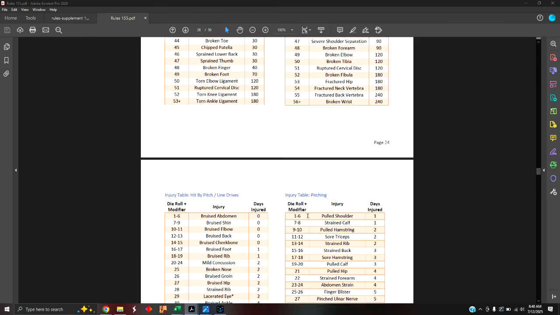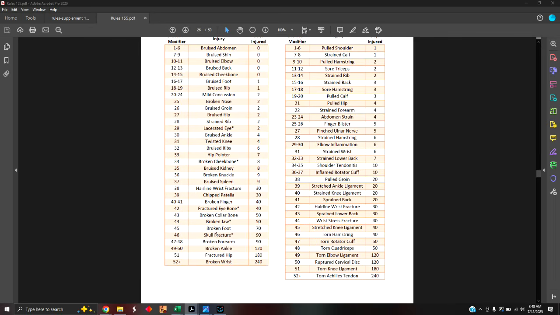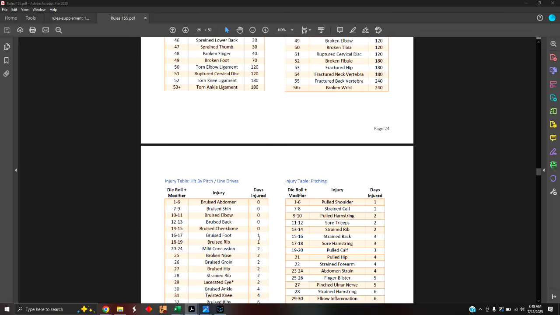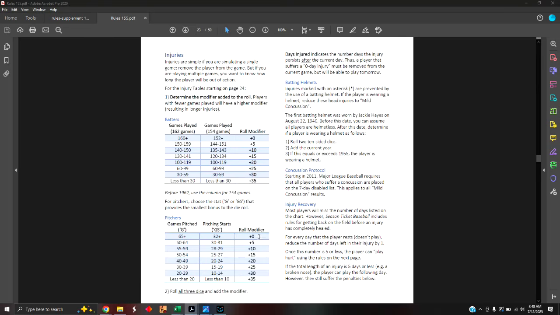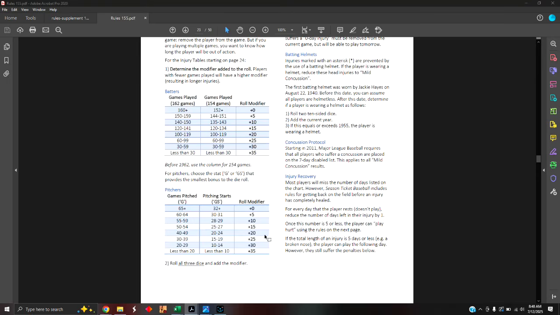So these other hit by pitches, though, so a skull fracture, which would have been 90 days, if they had been wearing a batting helmet, that would change into a mild concussion, 7 days. They'd still miss time, but not as much. So that's how concussions work and batting helmets. It's very determined based on the year that you're playing. And the concussion protocol only went into place in 2011.